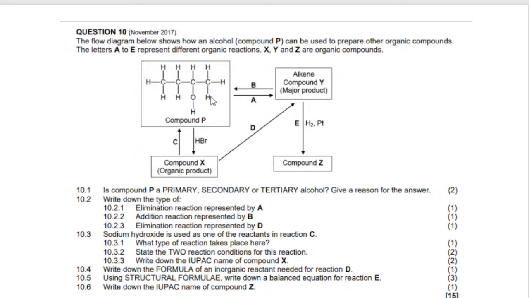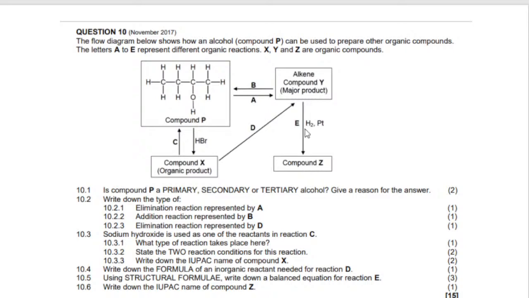Here you have an alcohol, which is a secondary alcohol, because the carbon atom with OH has two other alkyl groups.